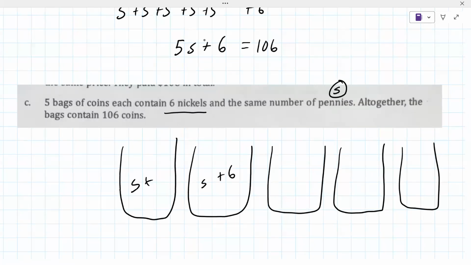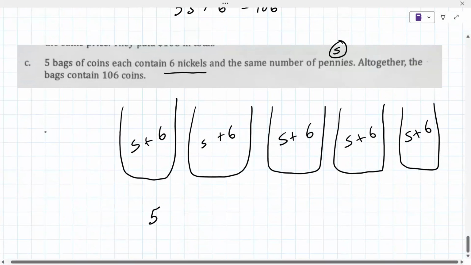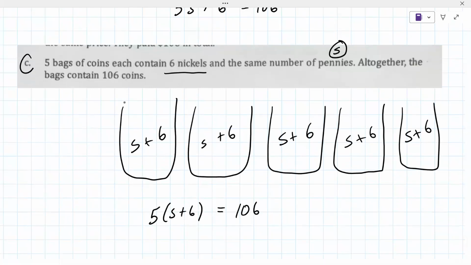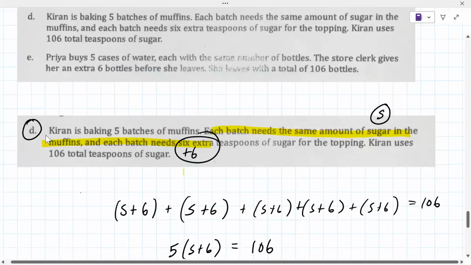So each bag has S pennies, but they've also got 6. How many bags of coins are there total? 5. Five, right? So we've got five S plus sixes. Is this the same as the original? Yes. It is. Very good. So we know the answers are C and D.